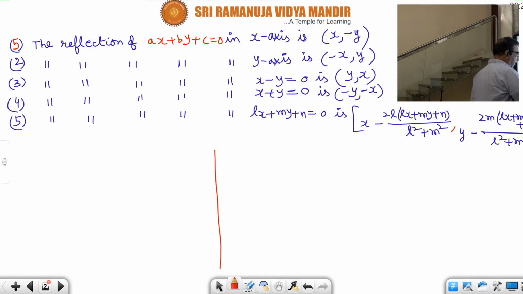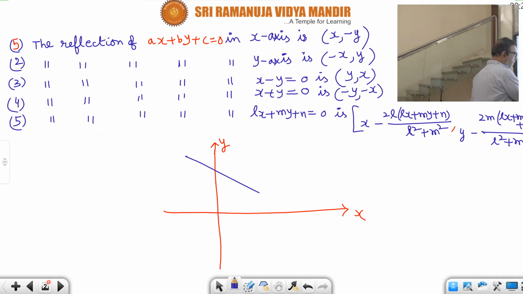See, this is y-axis, this is x-axis. Suppose the line ax plus by plus c is equal to 0 is like this. This is the line. Now I want the reflection of this line in the x-axis. See, a line is nothing but a set of points only, is it not?